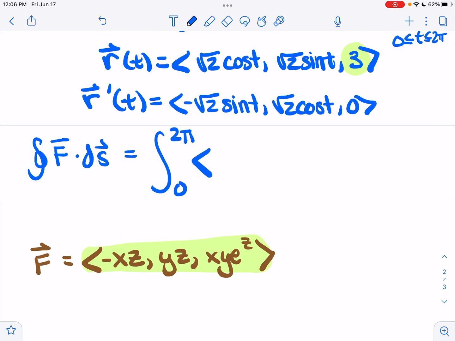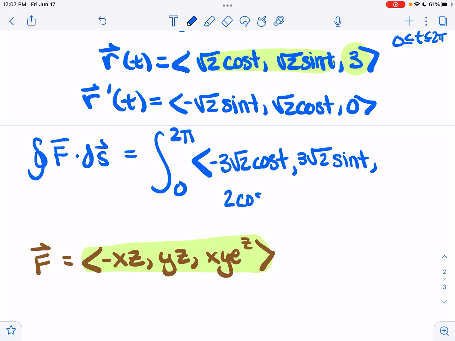Let's see. The first component of f is negative x times z. We want the values on the curve that we're integrating on. On the curve, x is root 2 cosine t, and z is 3. So this is going to be negative 3 root 2 cosine t, comma, y times z is 3 root 2 sine t, and then x times y times e to the z looks like x times y is 2 cosine t sine t, and then e cubed, e to the z.